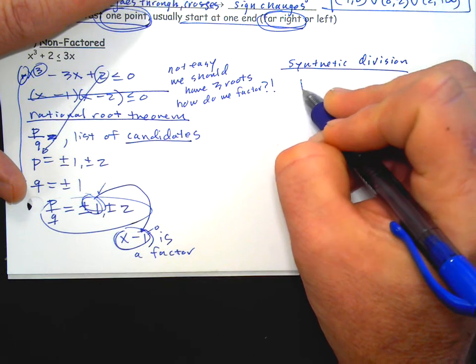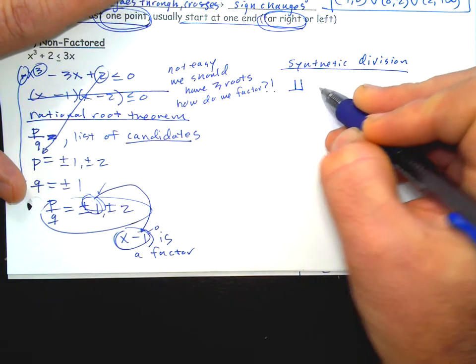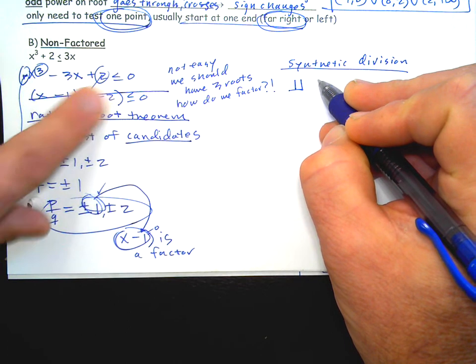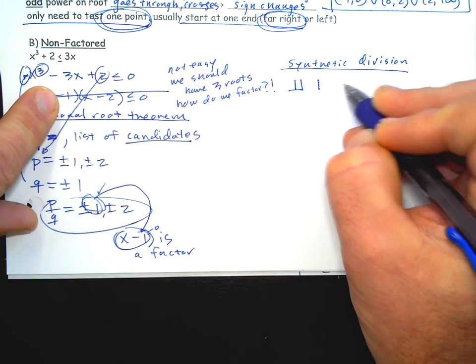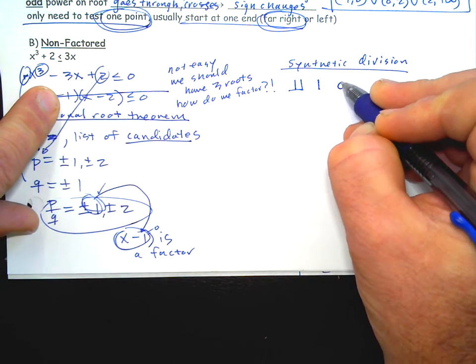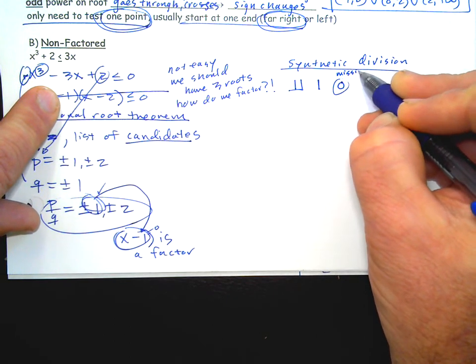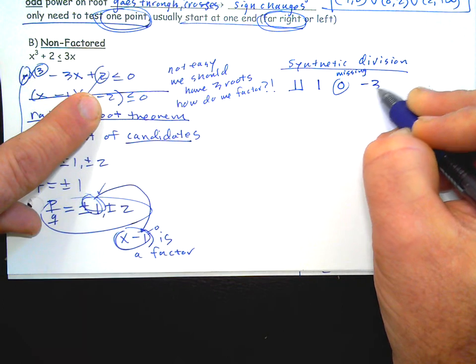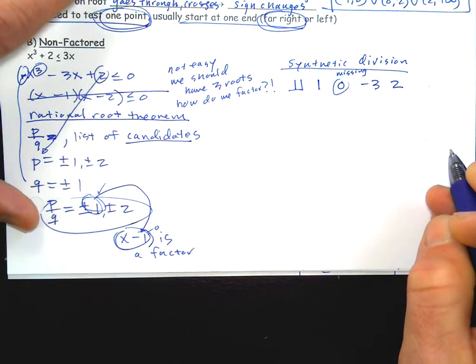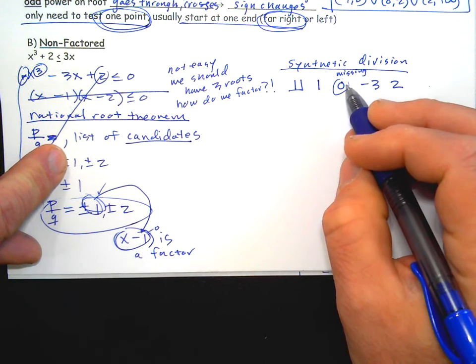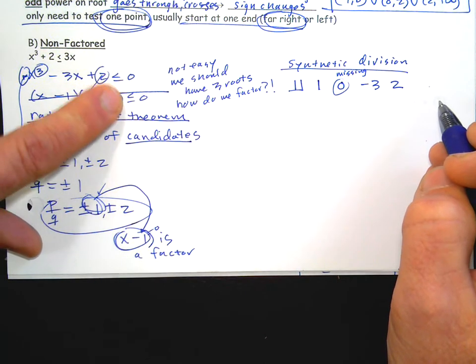What you do is you put the root there, and then you put the original coefficients when it's all on one side equal to 0. It's 1. If there are any missing terms, you got to put 0 because there are no x squared terms. Then you put negative 3, and then you put 2. You don't put the x's and x cubes and stuff, but you just put the coefficients in order, and if there's any missing, you got to put 0. And it's got to be when they're all on one side equals 0.